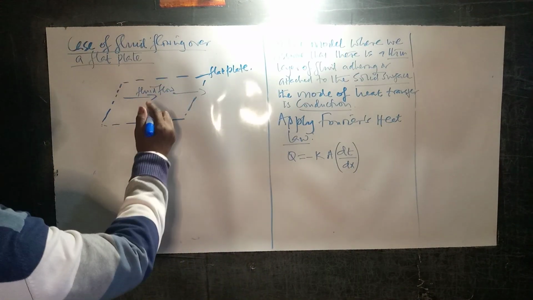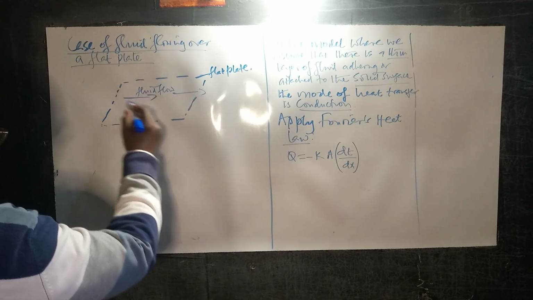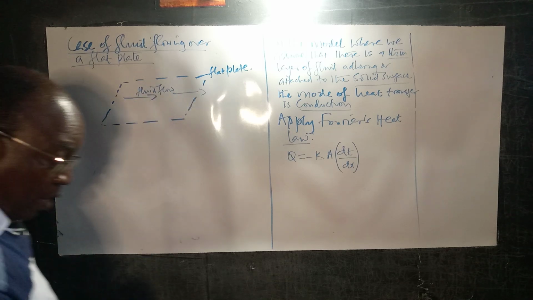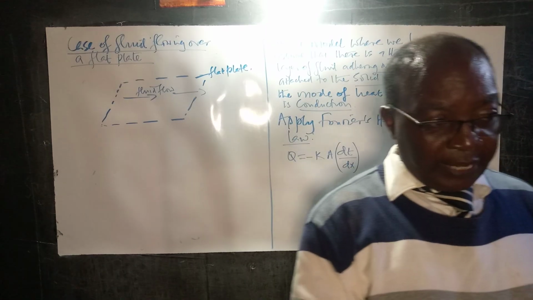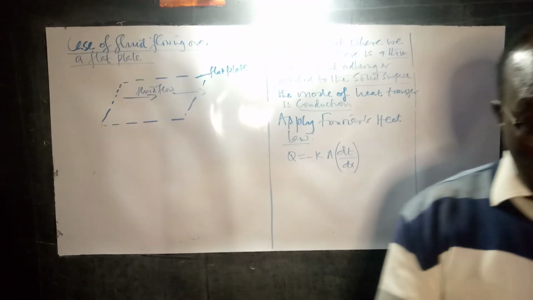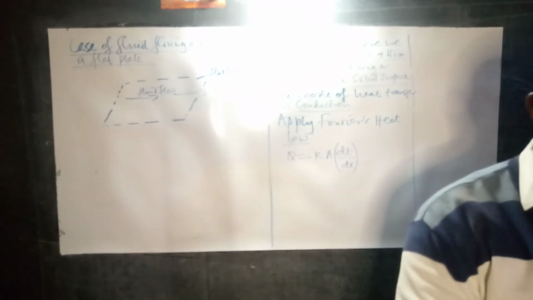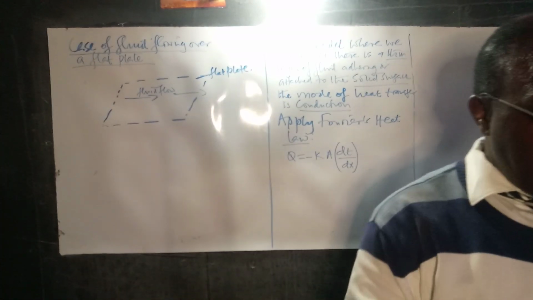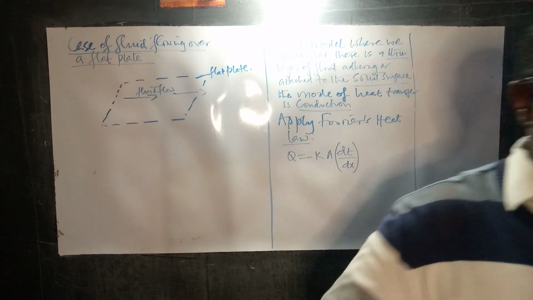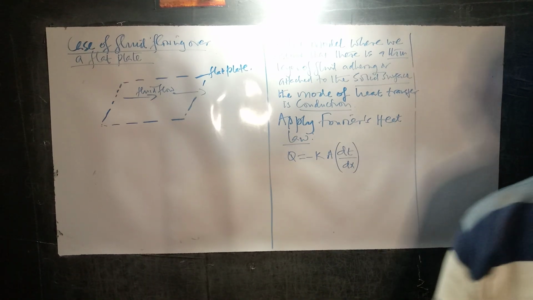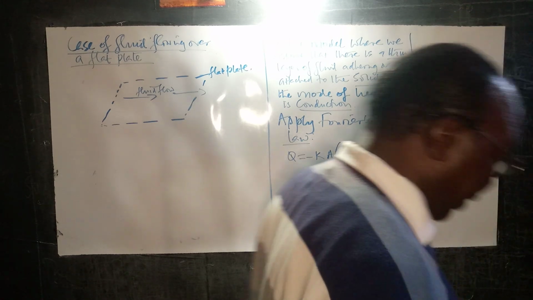So in this particular case, we can think of convection, where the heat transferred between the two surfaces is related to some film or convection heat transfer coefficient.